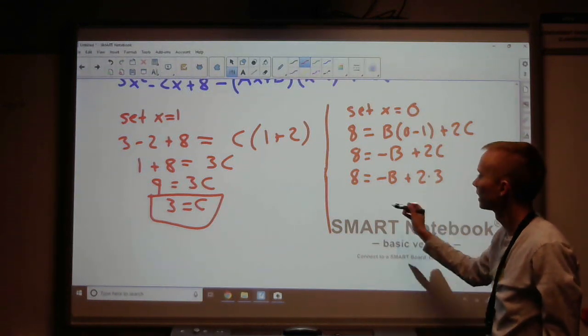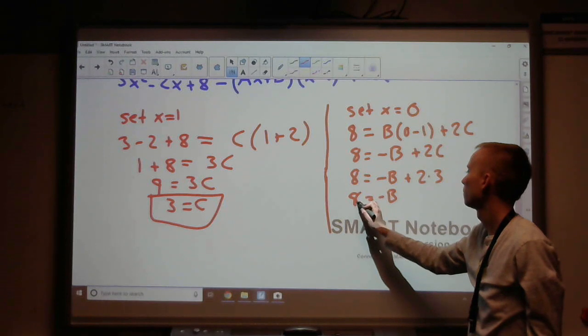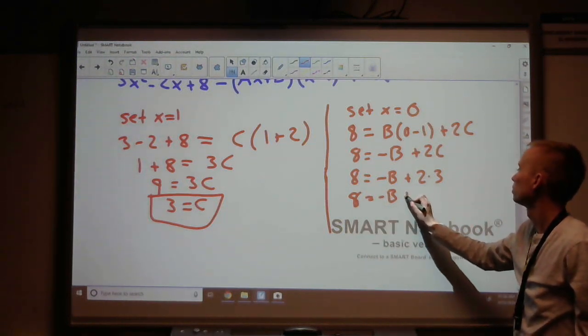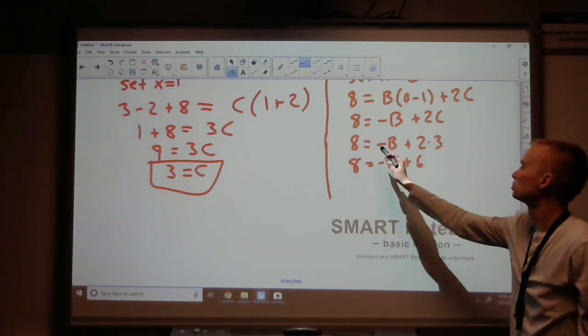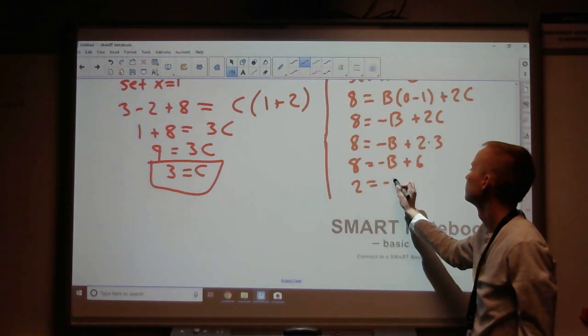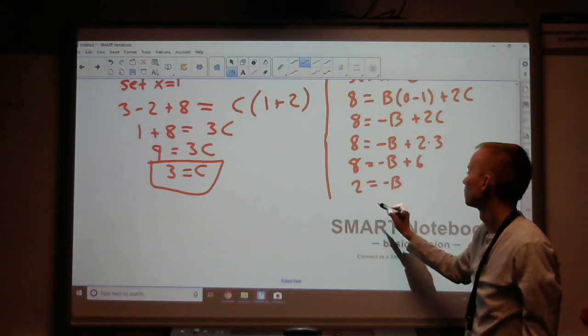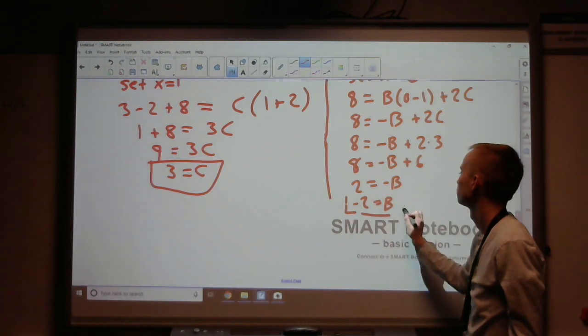So this is 6, 8 equals negative b plus 6. Then I'm just going to subtract the 6 over. I get 2 is negative b. In other words, b has got to be negative 2.